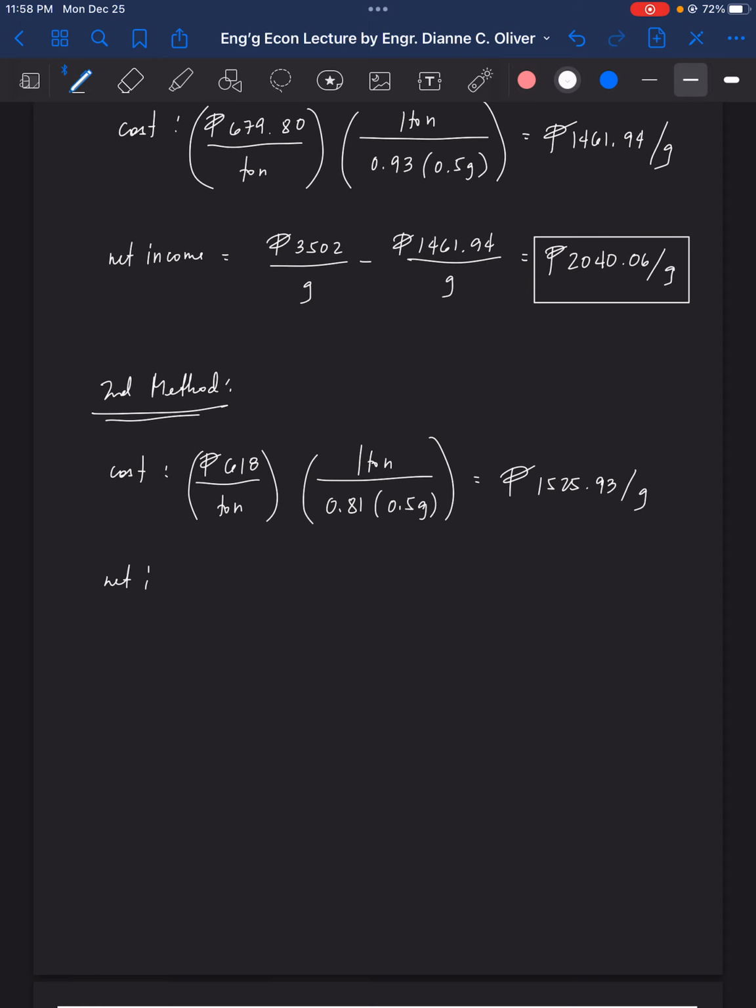Therefore, the net income is equal to the price of gold minus the cost, 1525.93.